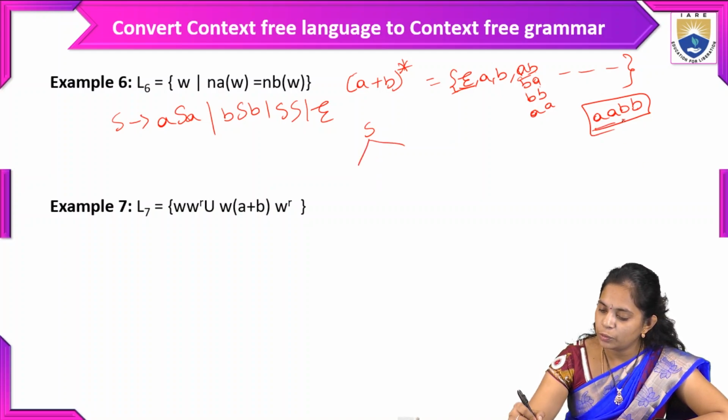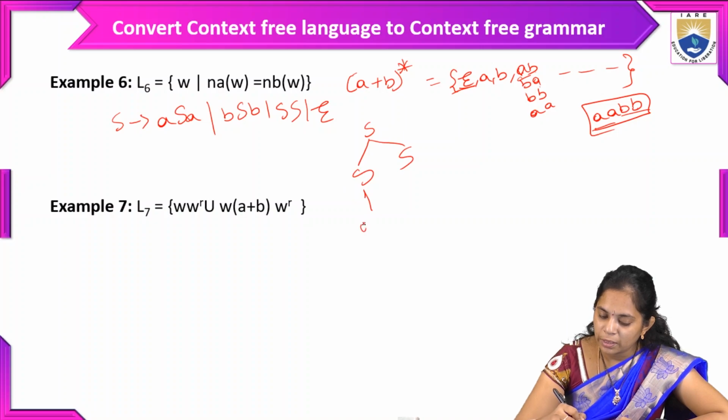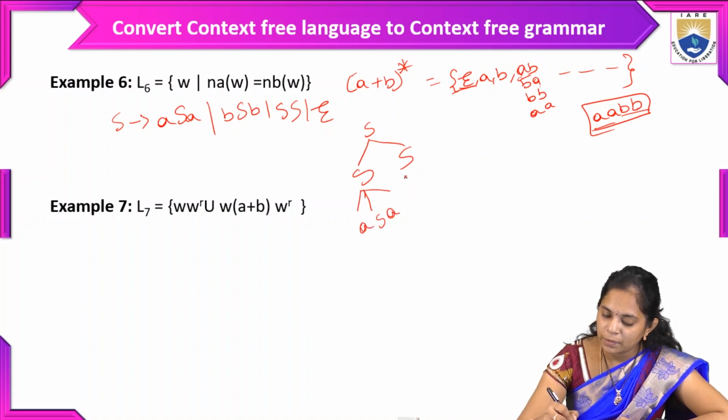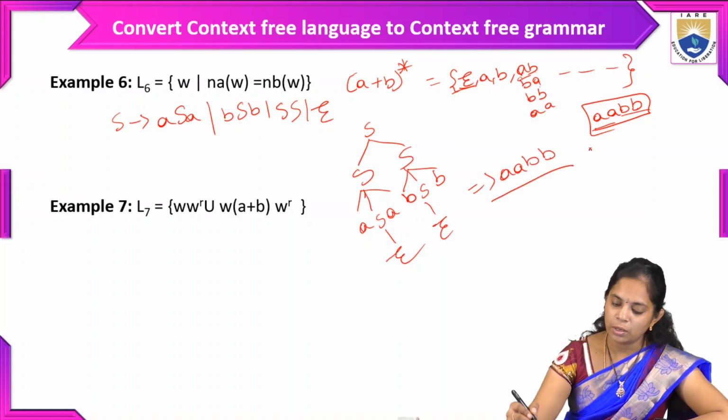So we have the value A and B, so I will write SS, and S tends to ASB, ASA, and S tends to BSB, and S tends to epsilon. We will get the value AABB, and so on.